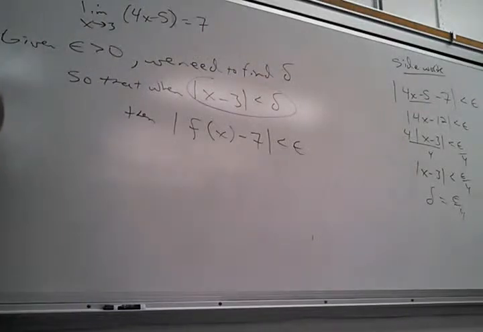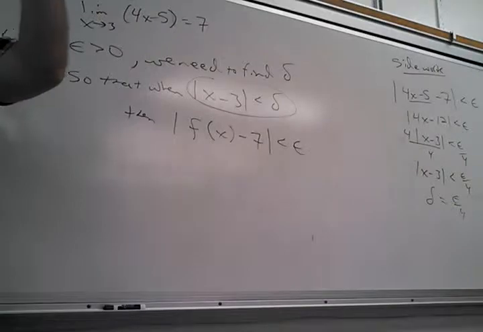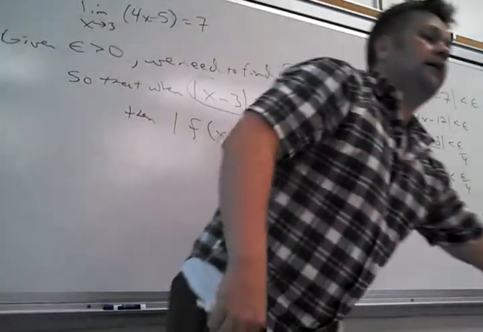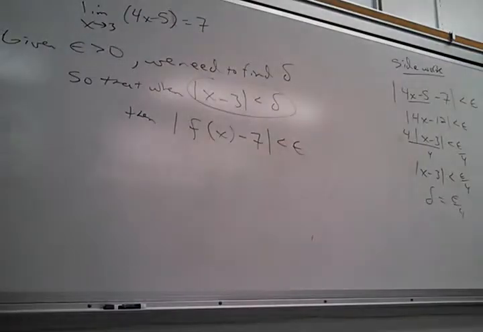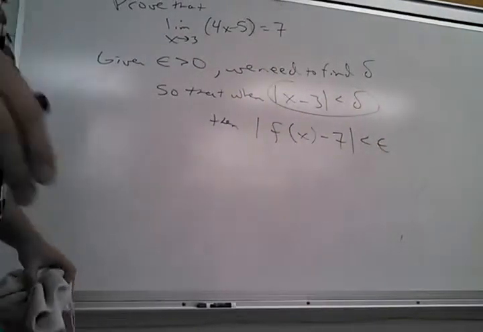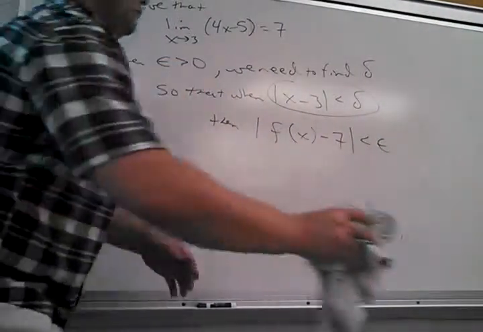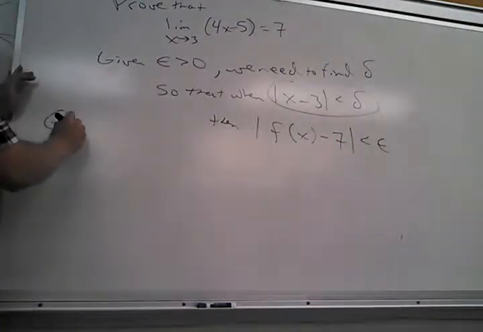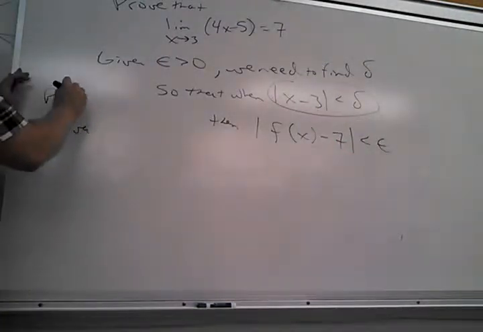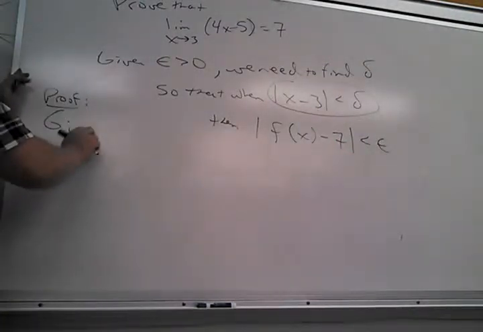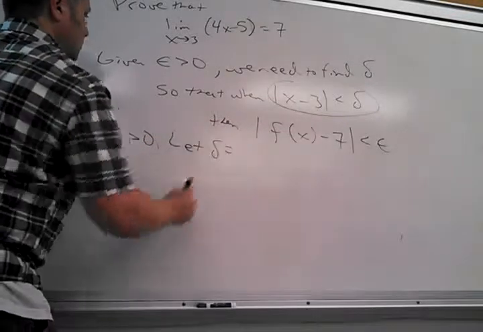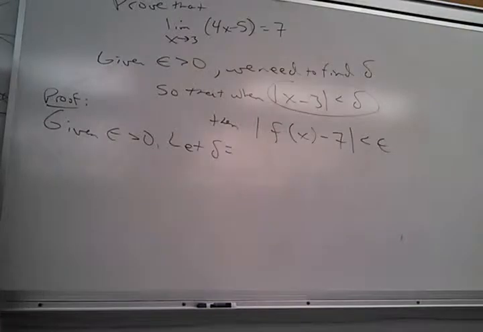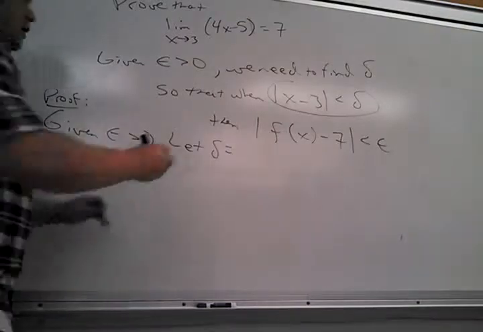I want you to go through the steps so you know how to kind of write this out. Now, here's the actual, I haven't proven anything yet. I haven't proven a damn thing yet. So you're like, good job, Jeff. So now here's where the proof comes in. So given epsilon greater than 0, let delta equal epsilon over 4.